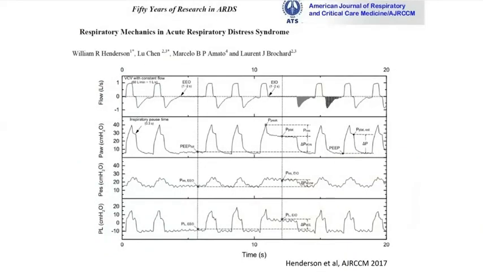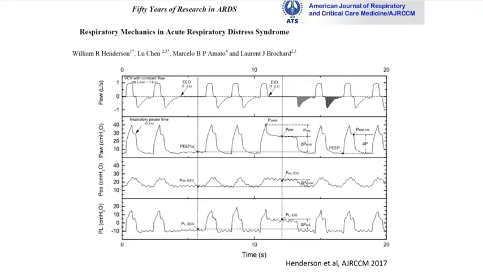Just to put the two together, you have here a tracing during controlled mechanical ventilation. So this is the flow, this is the airway pressure, this is volume controlled ventilation, and this is esophageal pressure. Please note that the scale is the same for airway and esophagus. So because the scale is the same, we can compare the amplitude of the change in pressure.